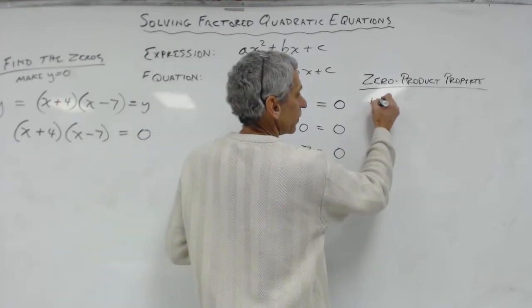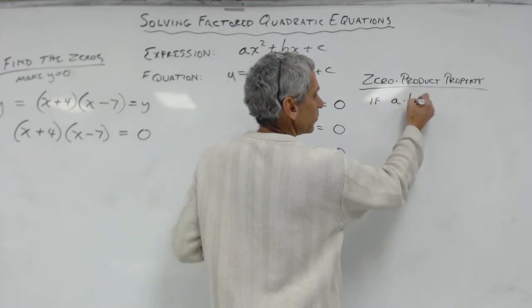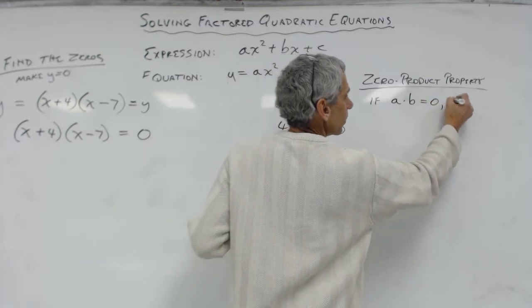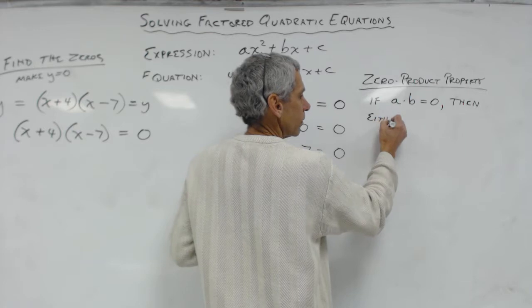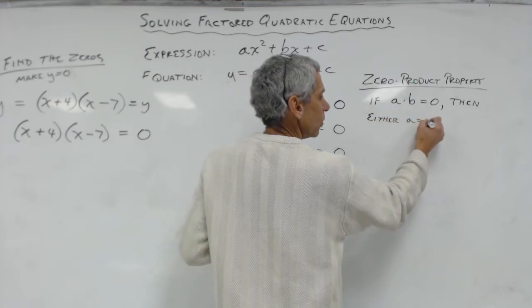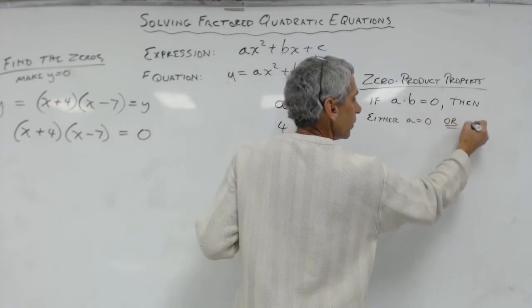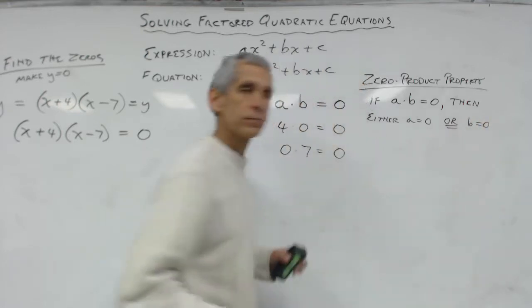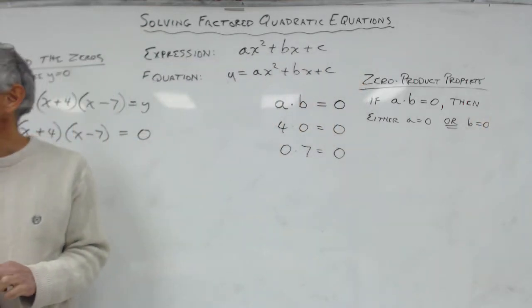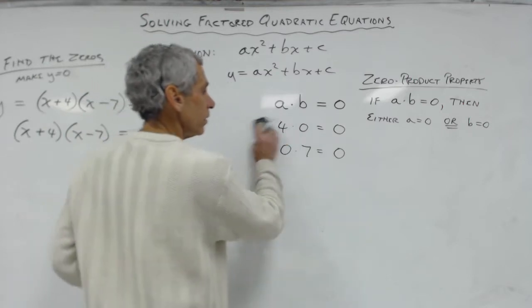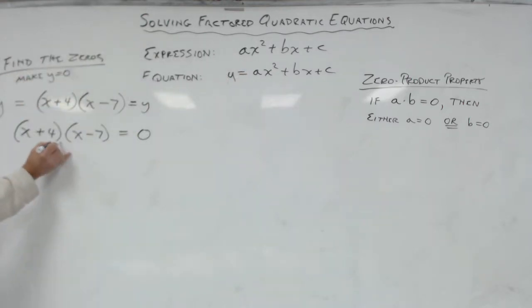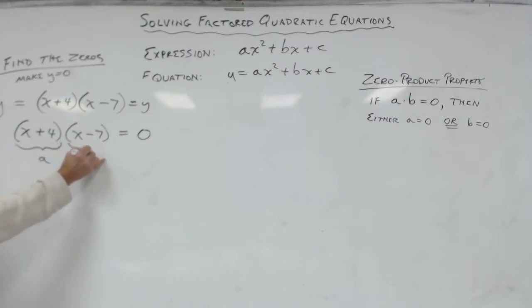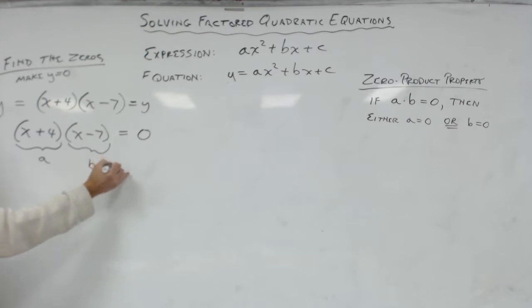If a times b equals 0, then either a equals 0 or b equals 0. Does that make sense? That's what we just said, right? So I know that a or b equals 0. So think of this as your a, and think of this as your b.